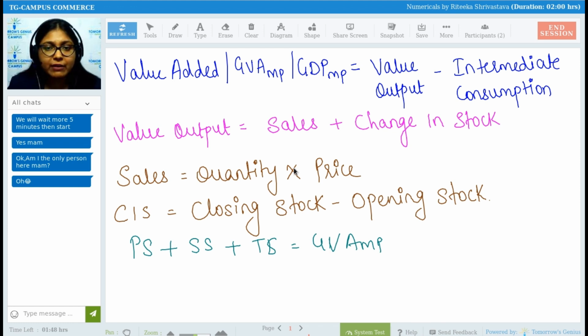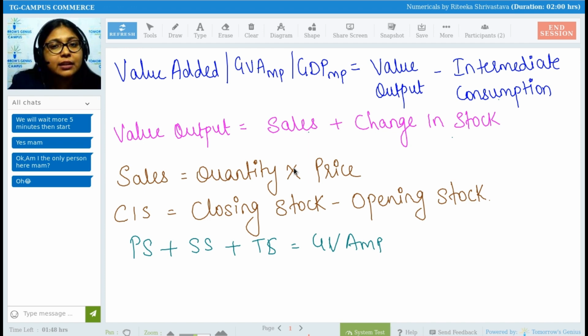You have to identify the components of the value added method: value of output, intermediate consumption, sales, change in stock, quantity, price, closing stock, opening stock. While you see the question, you can determine that these are the components of the value added method, so I have to find the national income by using the value added method.